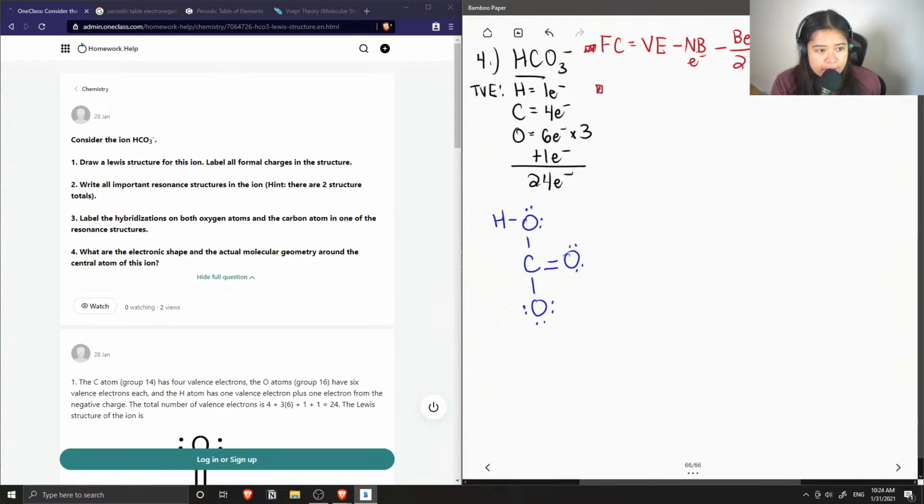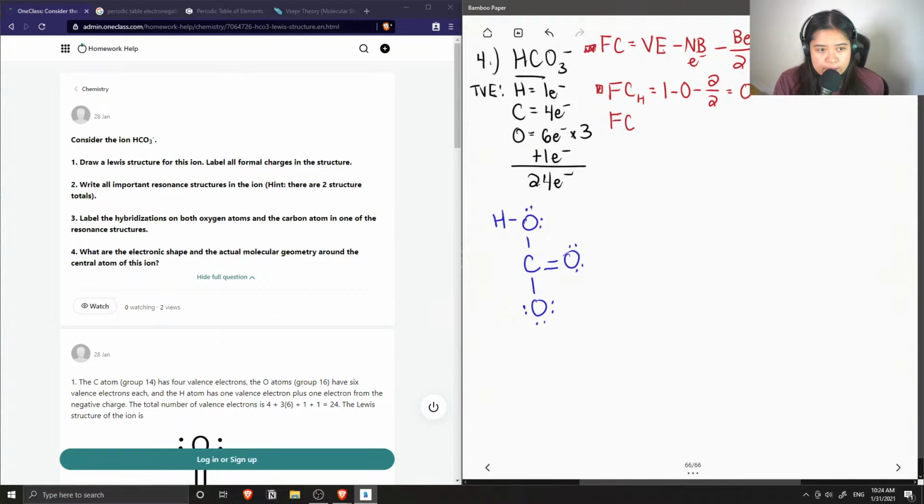So now let's calculate the formal charge of, let's say, the hydrogen atom. Hydrogen has 1 valence electron, and since there are no lone pairs on hydrogen, we write 0 non-bonding electrons. And there's only a single bond to hydrogen, so we write 2 bonding electrons divided by 2. We get a formal charge of 0.